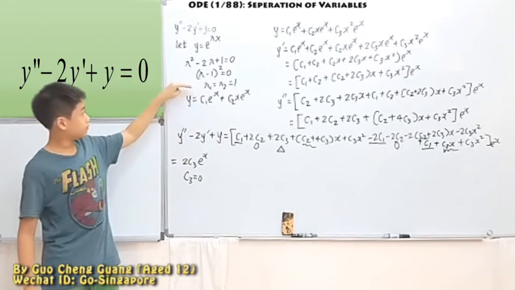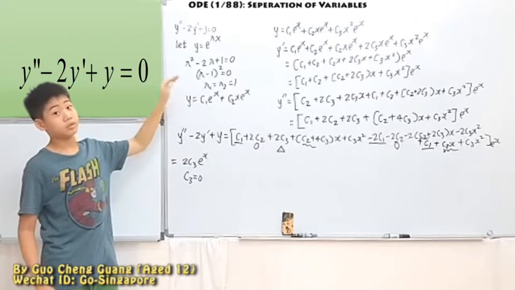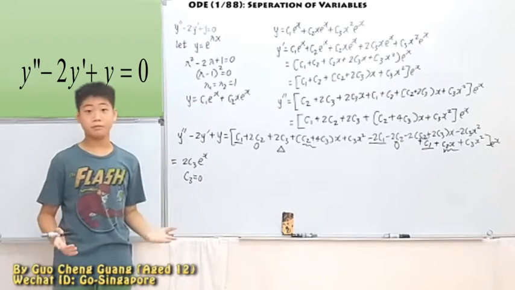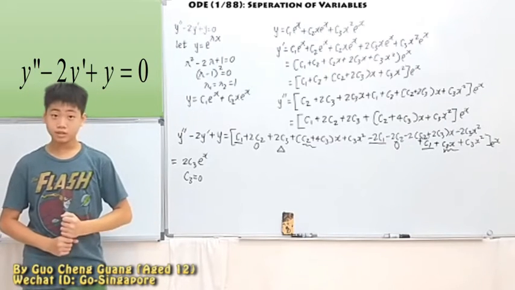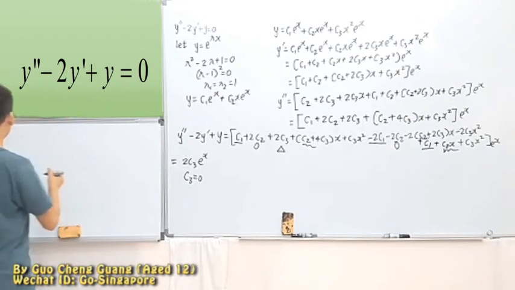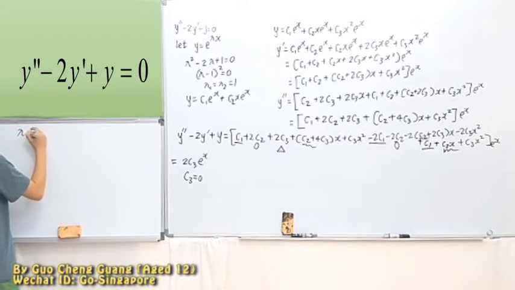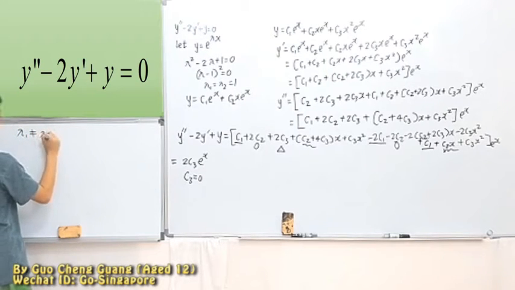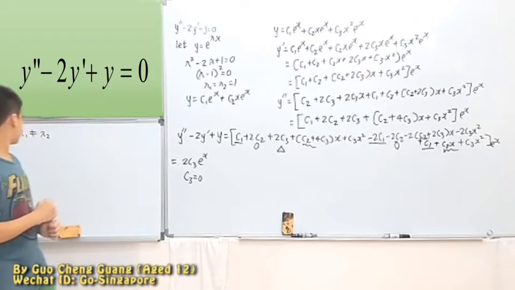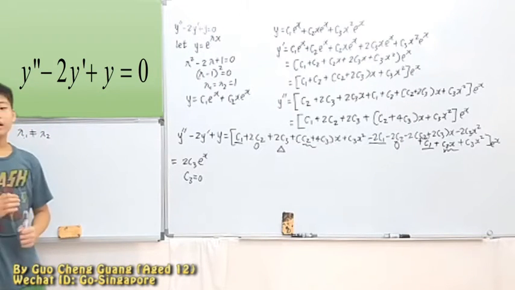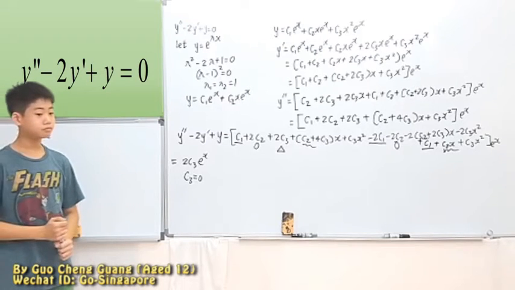Let me tell you more about this answer. In this case, these two answers, which we call lambda, are the same. But what if they're different? If these two are different, it is called a distinct answer.